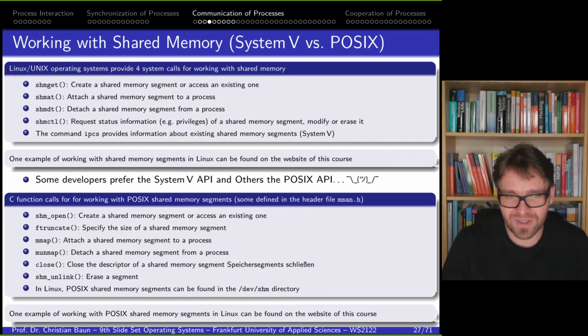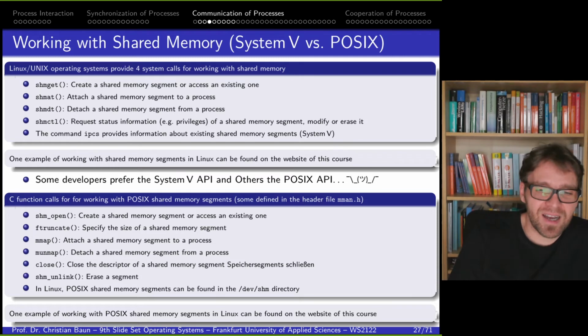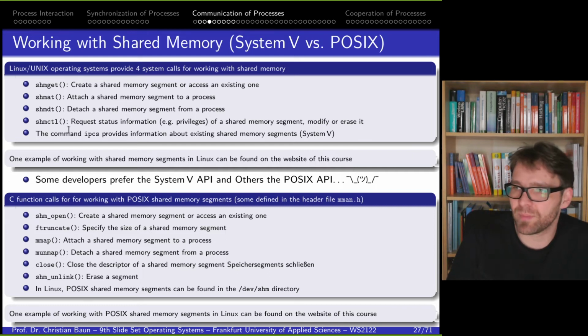Thank you. So yeah, I personally prefer the System 5 thing more. In System 5 we have a set of system calls. It's just 4 system calls, and in POSIX we have a lot more. The system calls of System 5 are shared memory get, shared memory attach, shared memory detach, and shared memory control.